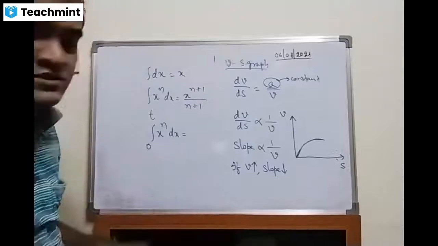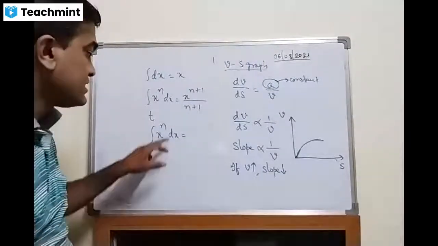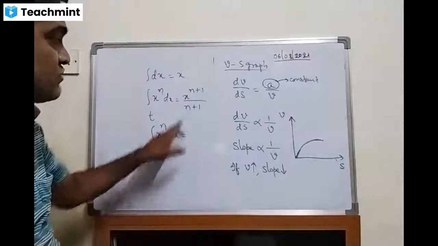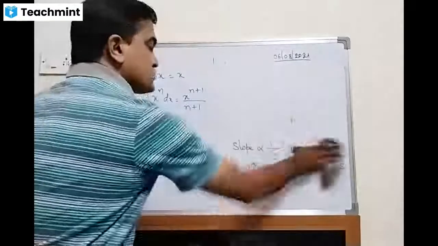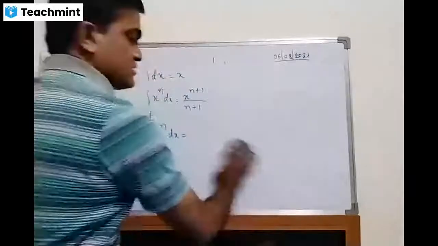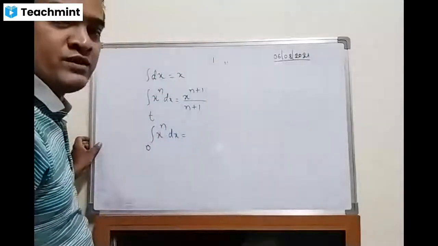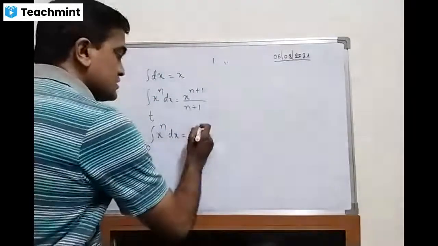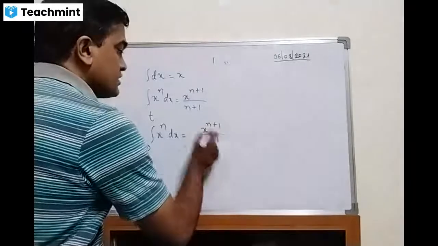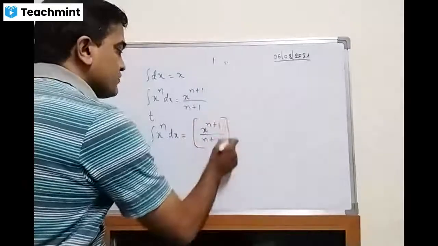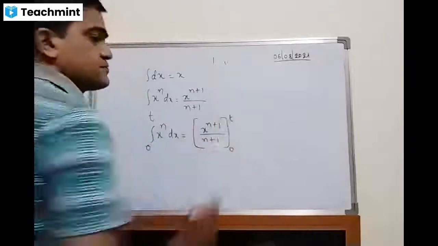So how to do this? What is the formula for the integral of x to the power n dx? x to the power n plus 1 by n plus 1. So here also, let me write the formula first: x to the power n plus 1 by n plus 1, limits from 0 to t.